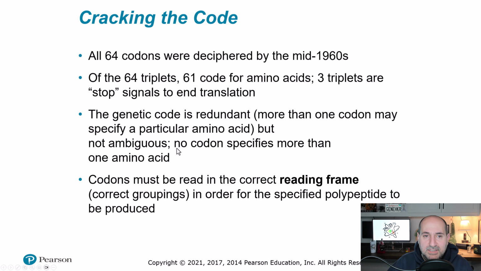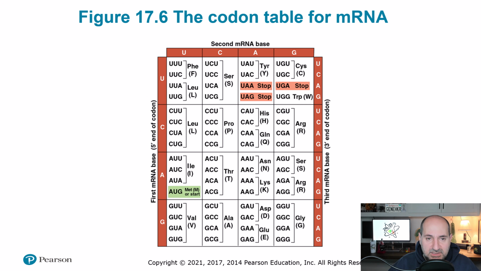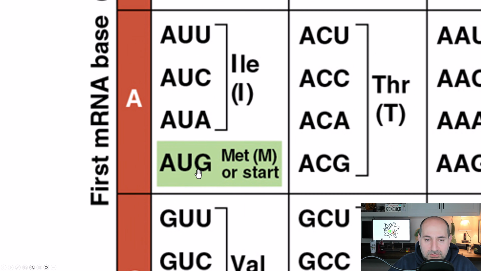Okay? Now, again, these codons code for amino acids. And even the start codon, remember the start codon, AUG, tells the ribosome to start translation, but it also codes for an amino acid. AUG codes for the amino acid methionine, MET, or M for short.